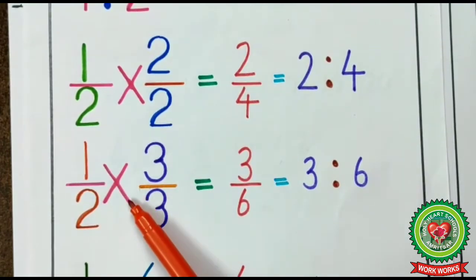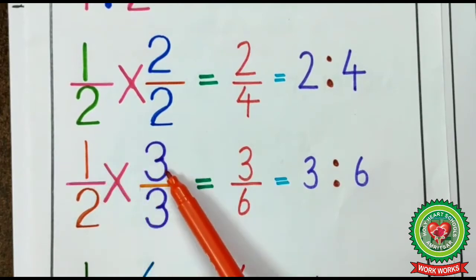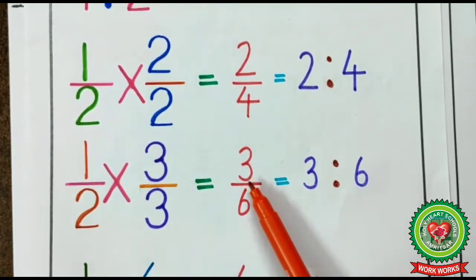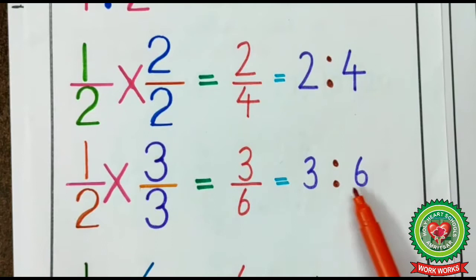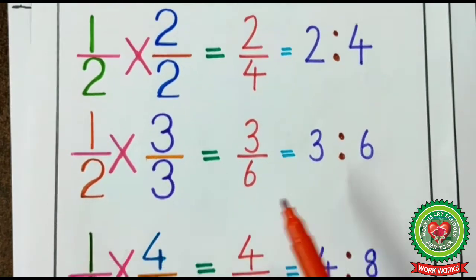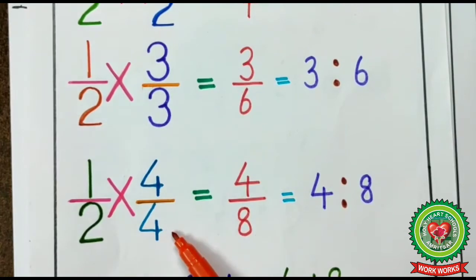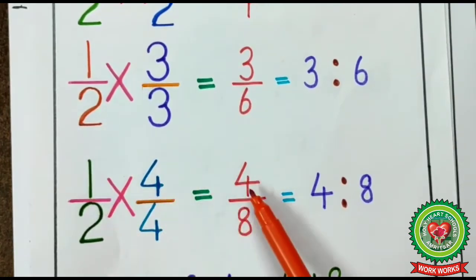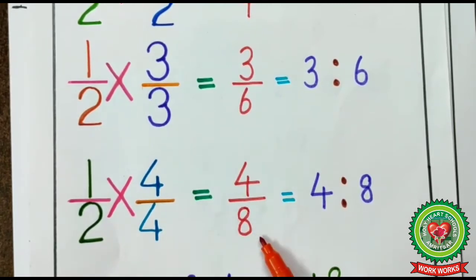Then 1/2 multiply 3/3. 1 times 3 equals to 3. 2 times 3 equals to 6. So here it comes 3:6. Then 1/2 by 4/4. So 1 times 4 equals to 4. 2 by 4 equals to 8.